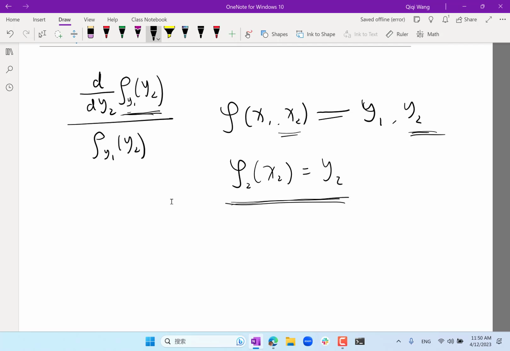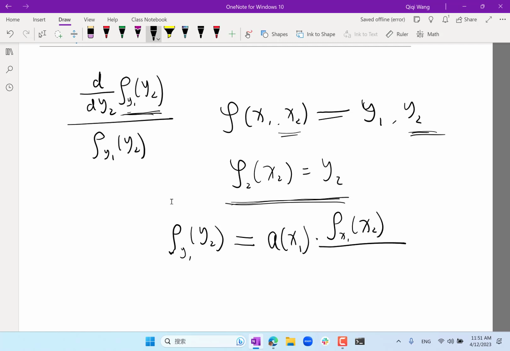That equation is saying that the density of y2, conditioned on y1, is equal to a function that depends only on x1 and y1, so let me say a of x1, times the density conditioned on x1 of x2, divided by the slope of the map.